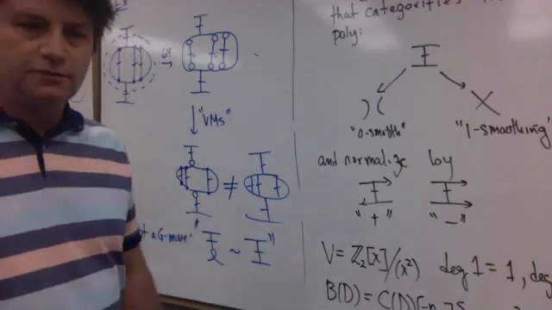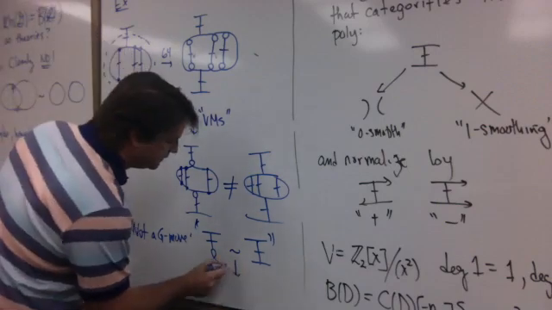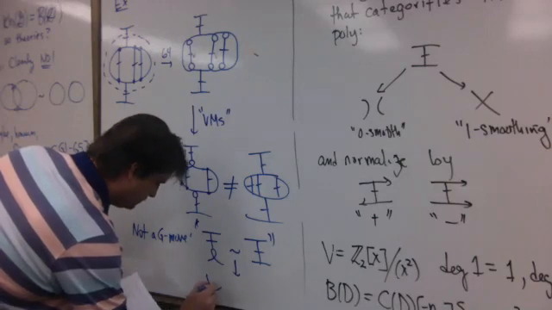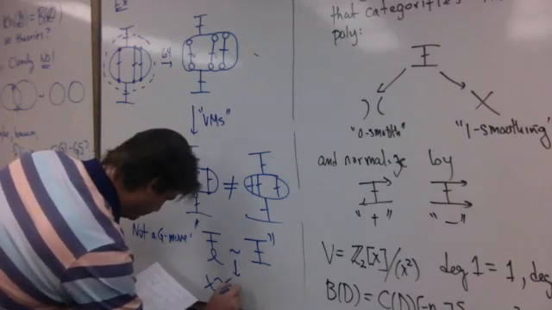So I always put things in quotes that are not true. If we were to translate this into virtual links, it would look like this, and you'll see why it's clearly not.